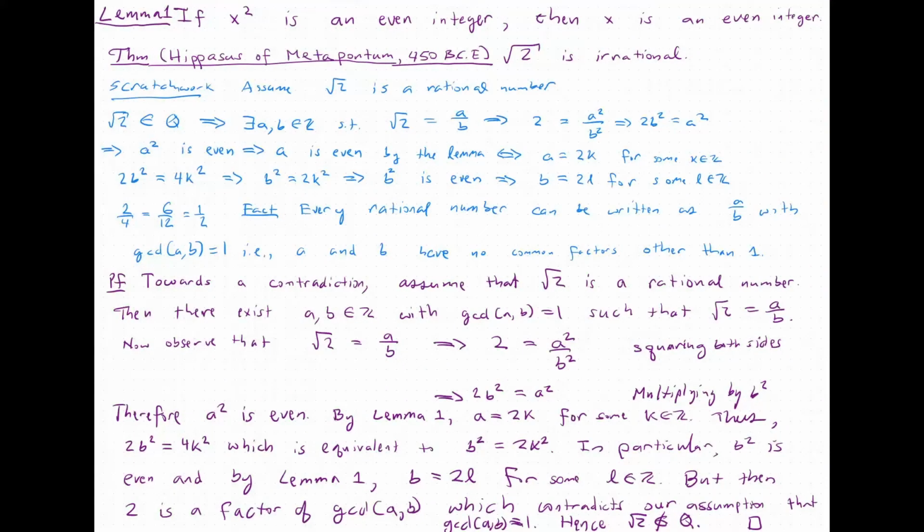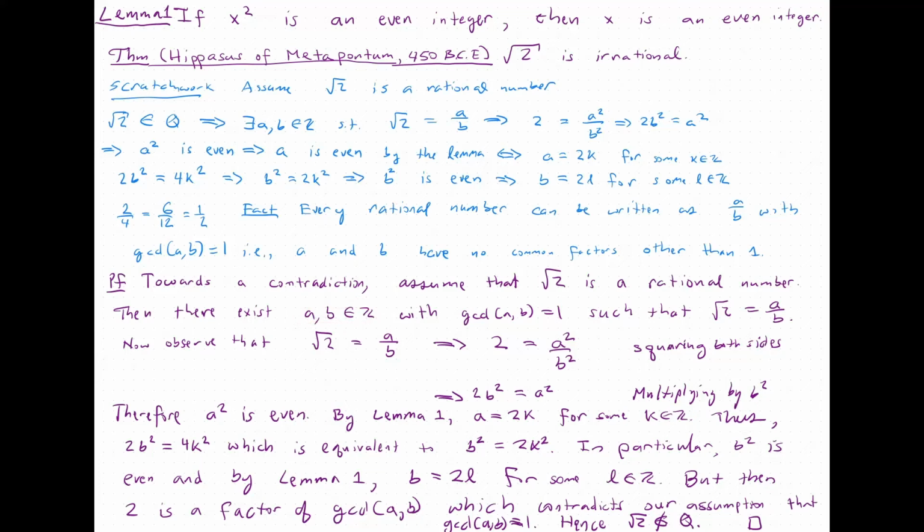We assume the square root of 2 is rational, and so that implies our proposition C, the GCD of a and b is equal to 1, upon writing the square root of 2 as a fraction of the form a over b.